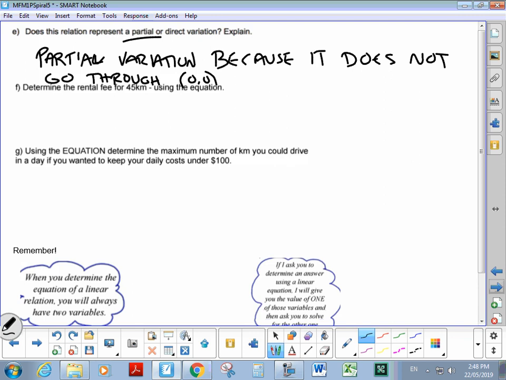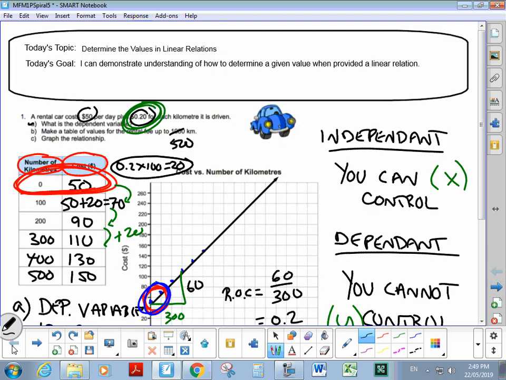Determine the rental fee for 45 kilometers using the equation. Our equation was y equals 0.2x plus 50. In the question, they gave us a measurement in kilometers. If you can't remember whether it's y or x, you go back and see that the number of kilometers is in the x column.